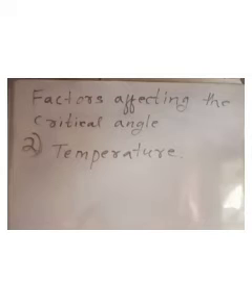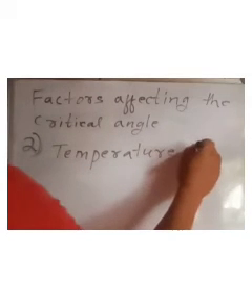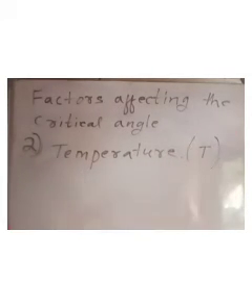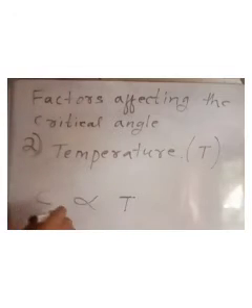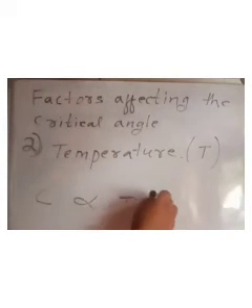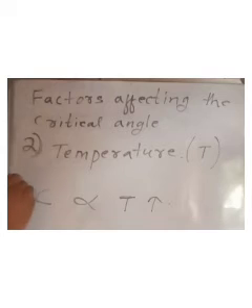Number two, temperature of a medium. Let this temperature be T. Now critical angle C is proportional to temperature of the medium. That is, if the temperature increases, critical angle C also increases, because if you increase the temperature, then density of any medium will decrease, or it becomes thinner and thinner, equivalent to a thinner medium.